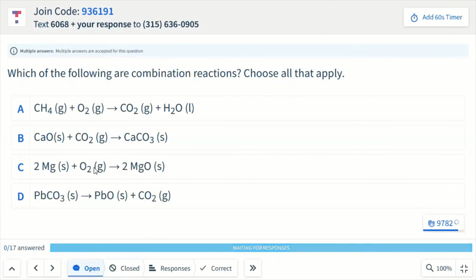What we're looking for are combination reactions. All right, let's see how we did.